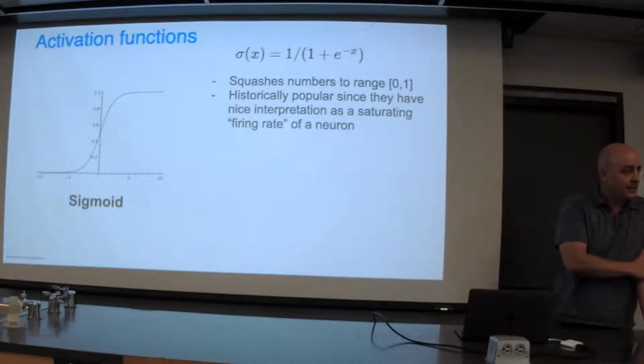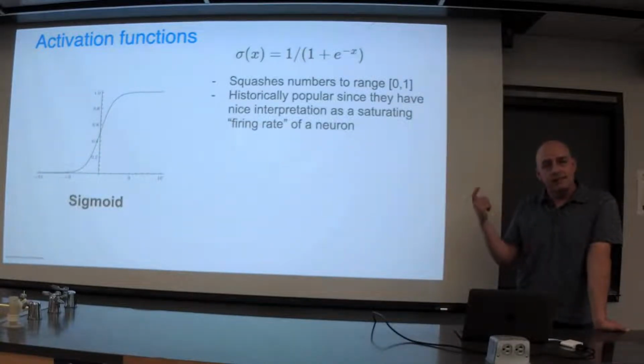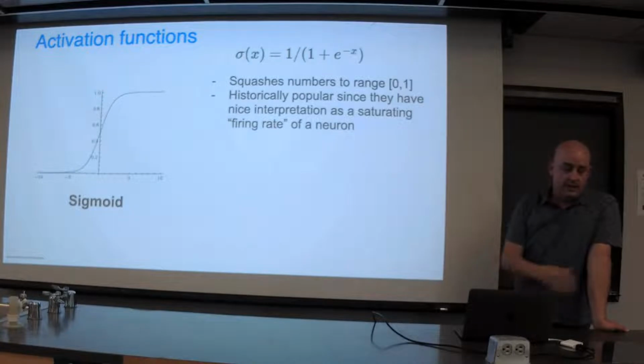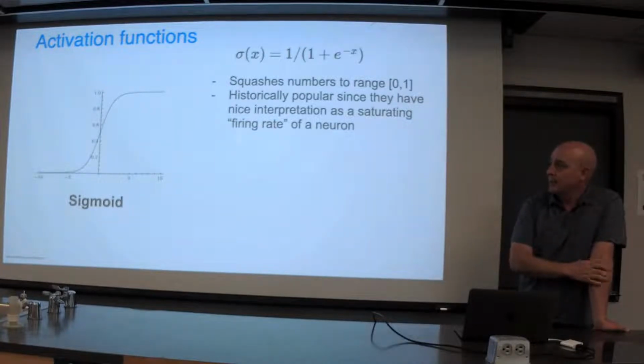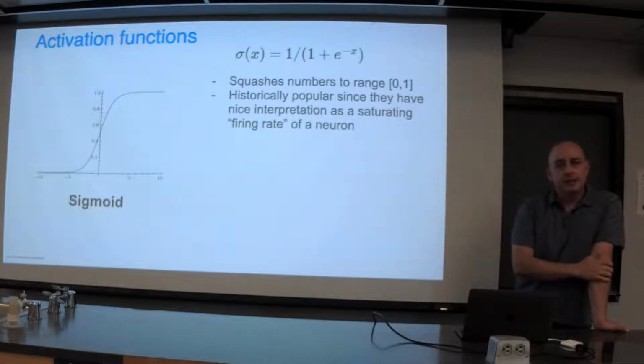Thoughts on that? Ideas? Remember, we're using gradients as the signal, right? So the changes of the final loss with respect to parameters. So how might this make that a difficult thing to do?